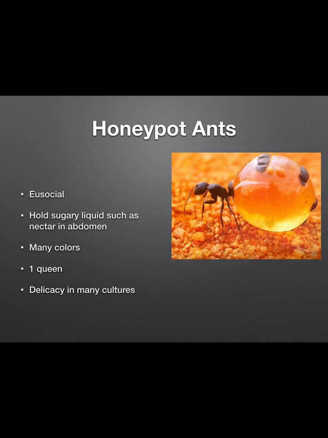And the ant itself, this one's a little bit more brownish red, but they can be lighter than that as well. They also have one queen, and they are a delicacy in many cultures or countries. And that's because they have kind of a sweet taste from the nectar inside of their abdomens, but they're also a little tangy.